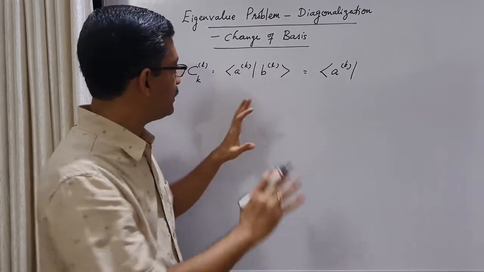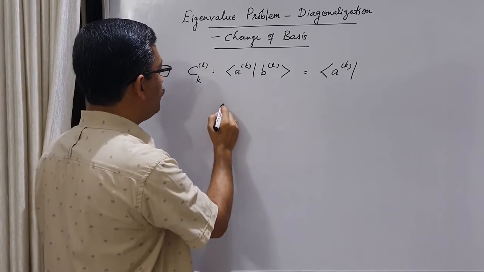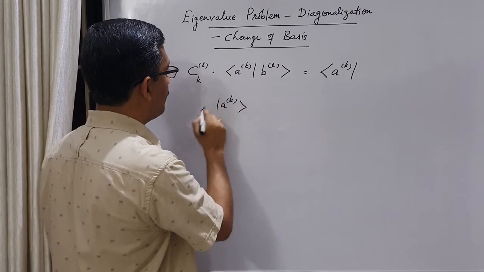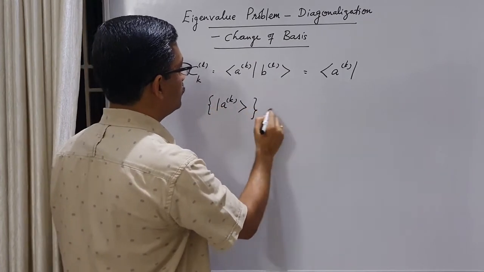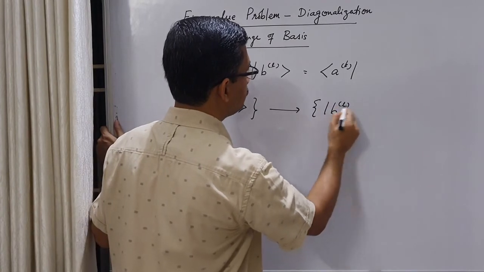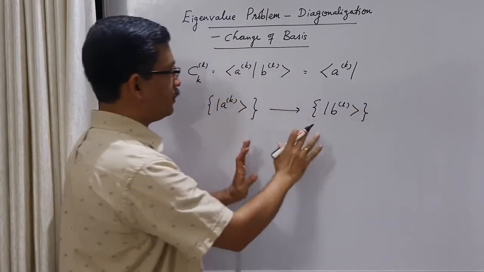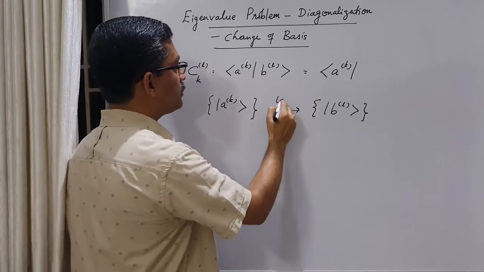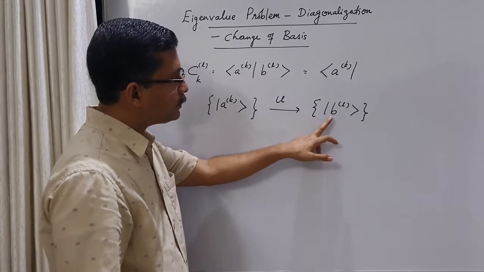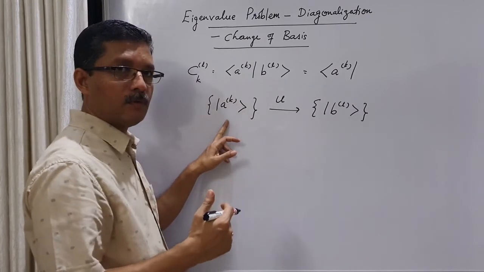Basically, here what happens is we are moving from the old basis set |a_k> to the new basis set |b_l>. That's what is happening here under a unitary transformation U. Then how do we express the new basis in terms of the old basis?